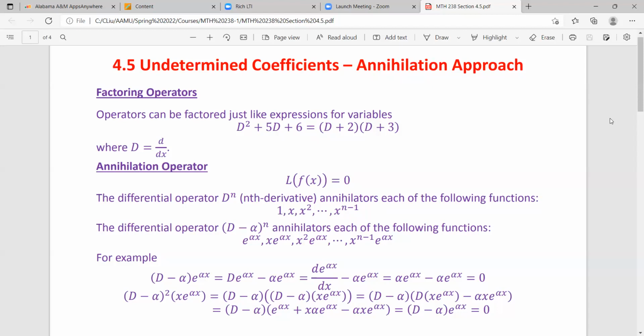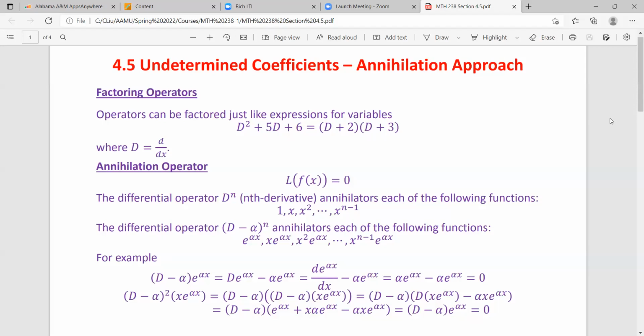Similarly, if you take the third derivative of x squared, you'll get 0 also. So the nth derivative will annihilate all of those functions: 1, x, x squared, x cubed, up to x to the n minus 1. Each time you take the derivative, you decrease the power of x by 1.